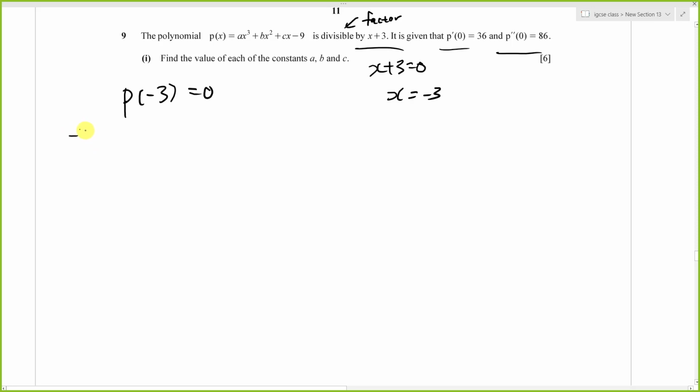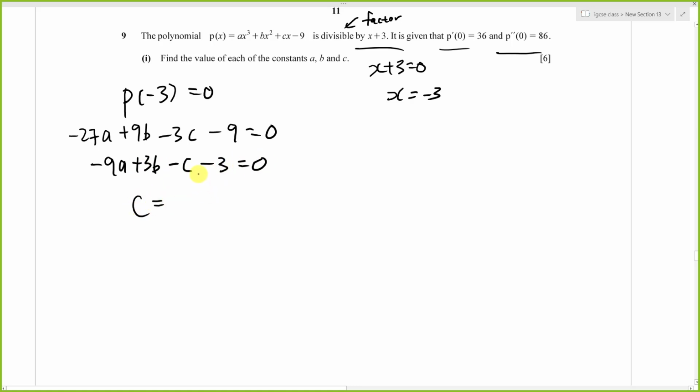So I get negative 27a plus 9b minus 3c minus 9 equals 0. All numbers can be divided by 3, so I divide by 3. Negative 9a plus 3b minus c minus 3 equals 0. So c equals 3b minus 9a minus 3.